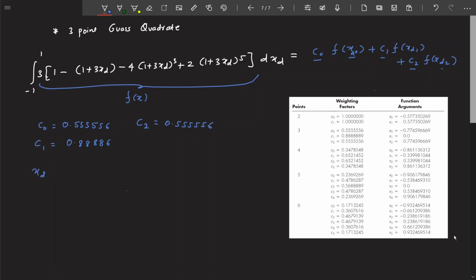Similarly, what is the value of xd0? Minus 0.77459. Then xd1 is going to be 0. That's nice, that is going to simplify the whole calculation. And xd2 is going to be 0.77459.